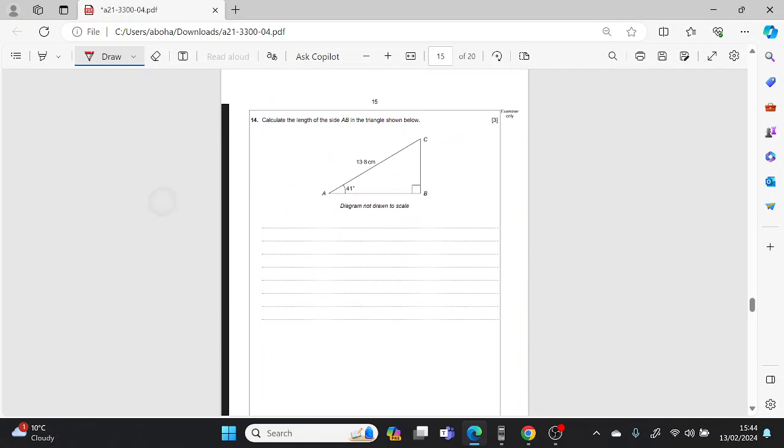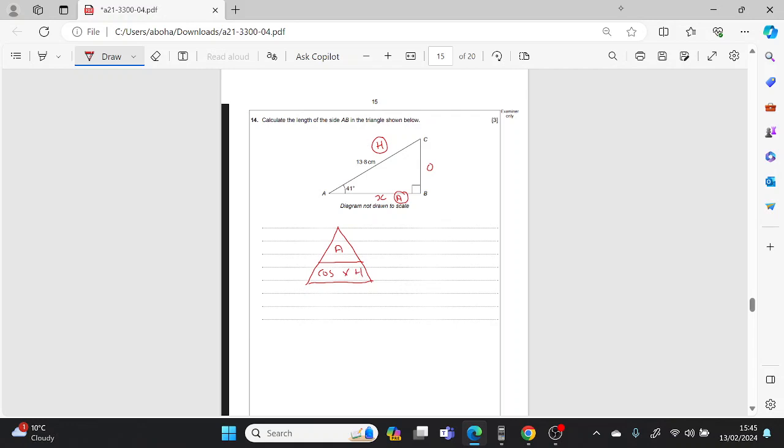And then, of course, trigonometry. Calculate the length of the side AB. So x there, opposite, hypotenuse, adjacent. I'm looking for adjacent and they're giving me the hypotenuse. So it's a cosine question. Cos.